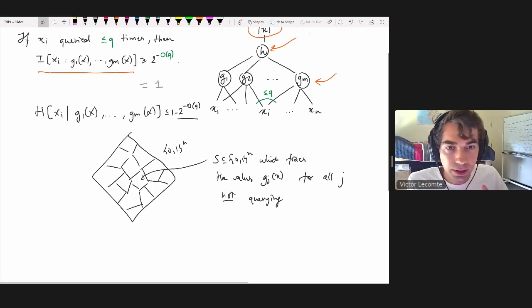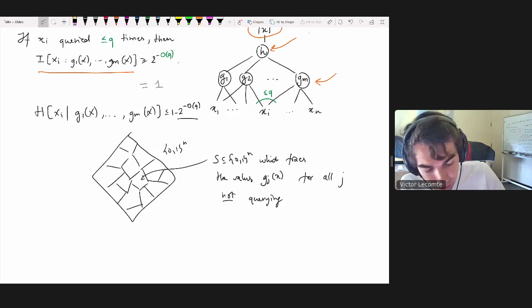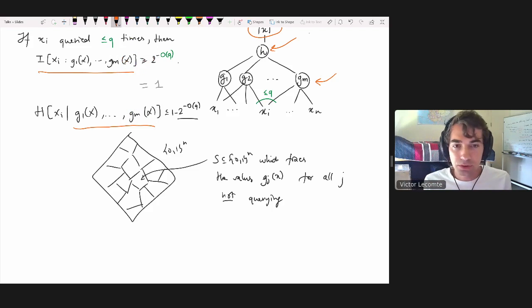First of all, it's fine to focus on such a subset because we're conditioning here on the results of the subfunctions g1 through gm, so it's fine to focus on a subset where some of those values are fixed.